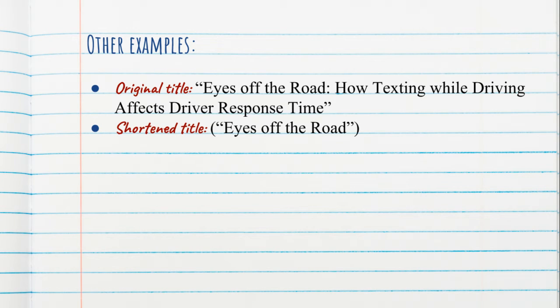So, the shortened title is going to be Eyes Off the Road. So, I stopped with eyes off the road because that was the most logical place to stop, even though eyes is technically the first noun, but it wouldn't be descriptive enough for me to just put eyes inside of the quotation marks.